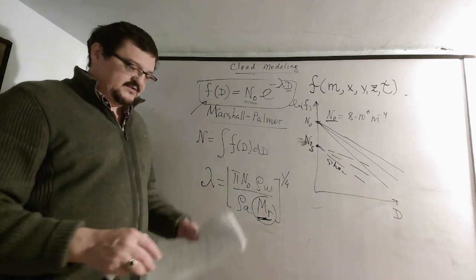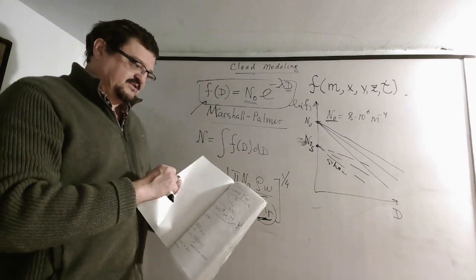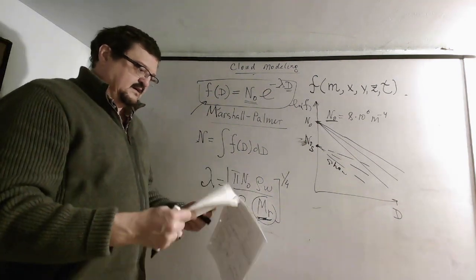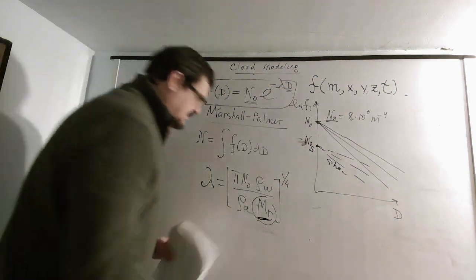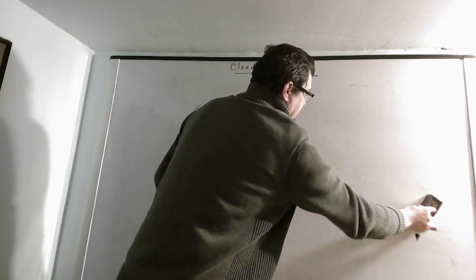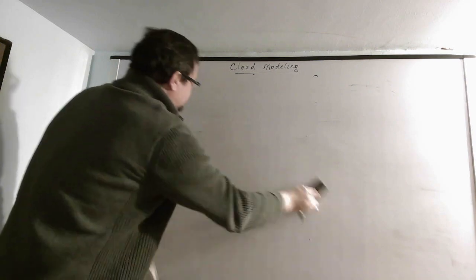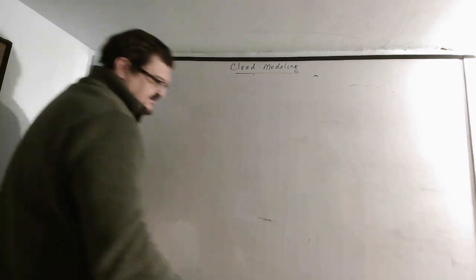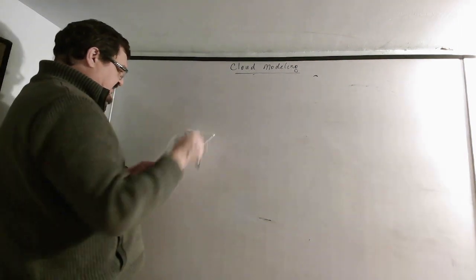And usually people assume a so-called gamma distribution, which is the following. And why do they use gamma distribution? Because it's very easy to compute various moments of gamma distribution analytically. That's why people like gamma distribution.